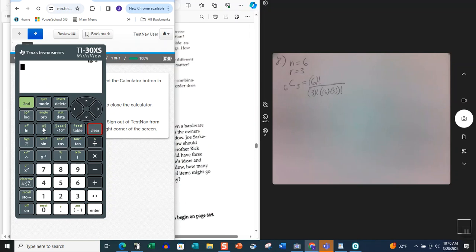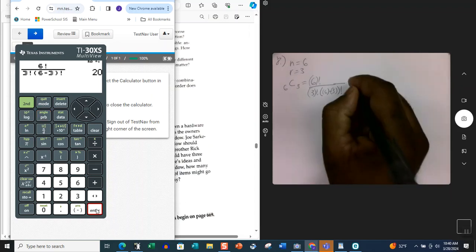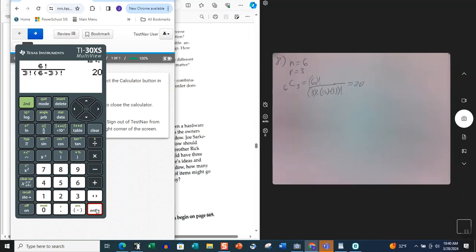So we have pressed the n over d, 6, PRB, number 3, down arrow, 3, PRB, 3, open parenthesis, 6 minus 3 close parenthesis, PRB, the number 3, and enter. So your final answer here is 20.